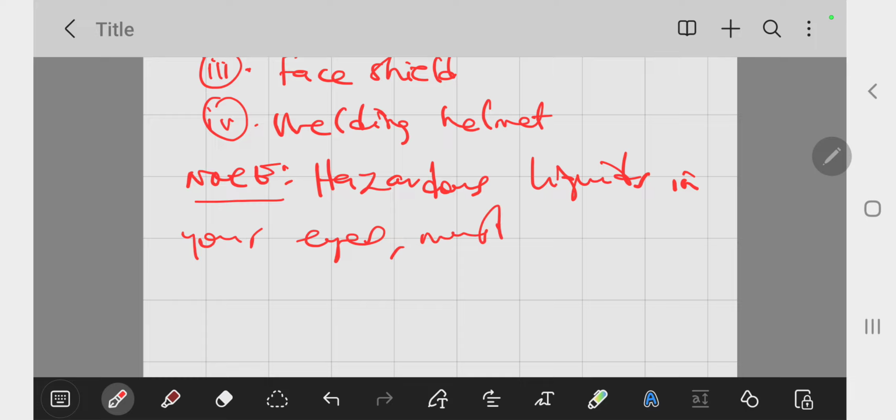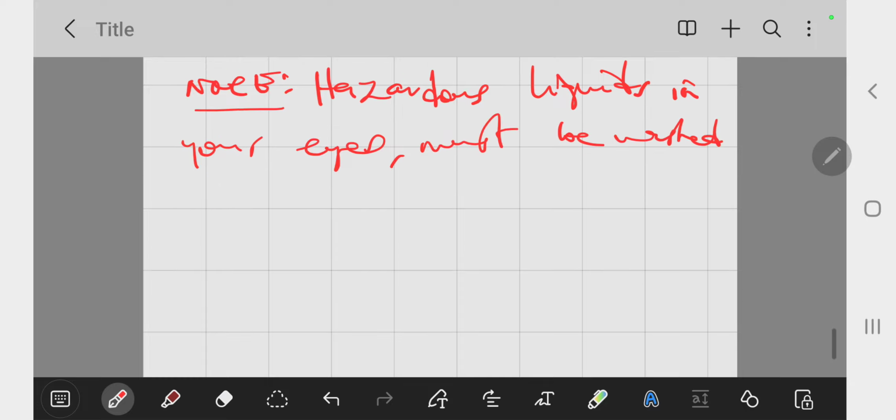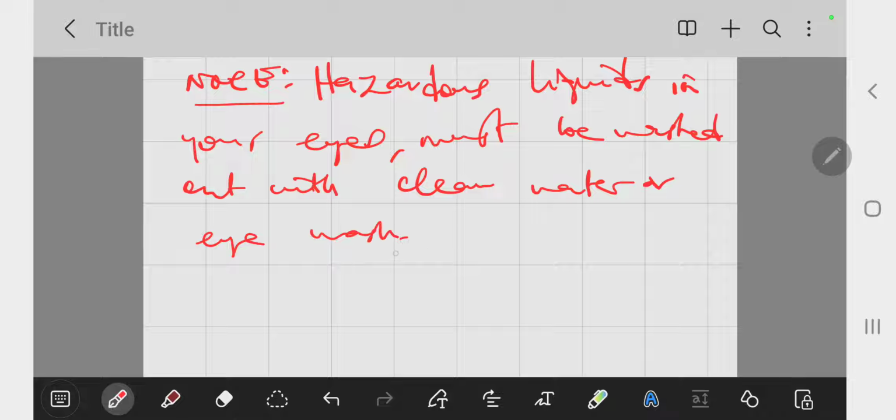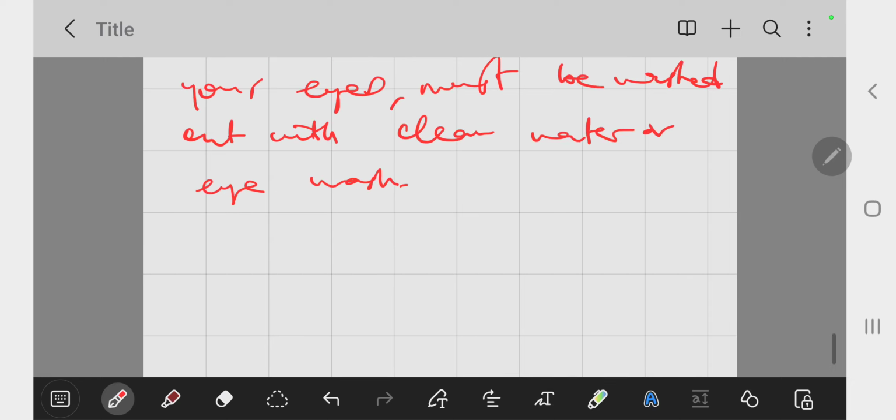This must be washed out with clean water or eye wash. But of course, it's not always a must that you're going to be in a workshop where they have eye wash. So the best way is to look for where you can find some clean water.